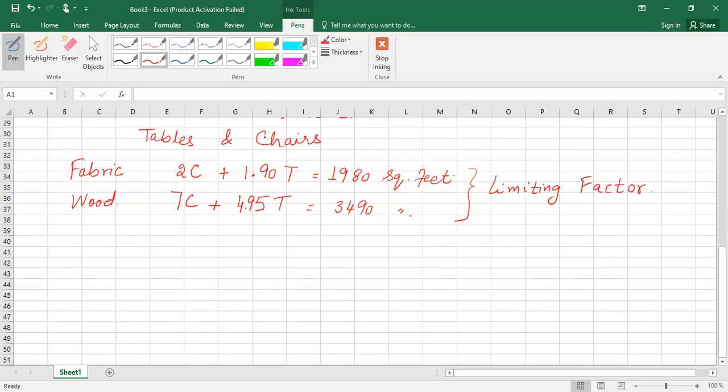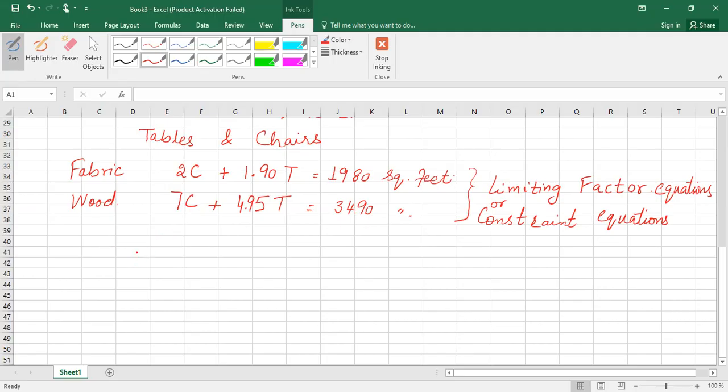Company is producing two products, tables and chairs, and these are their limiting factor equations, or we can call them constraint equations. This one is showing maximum availability.